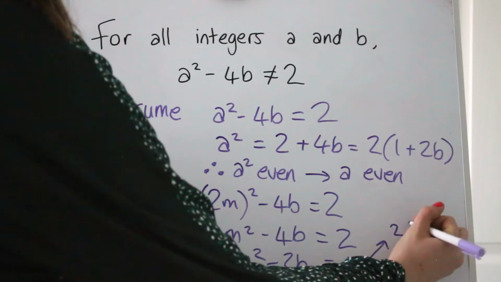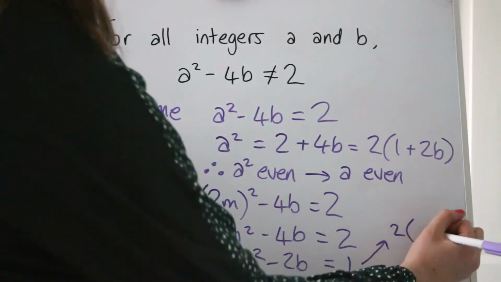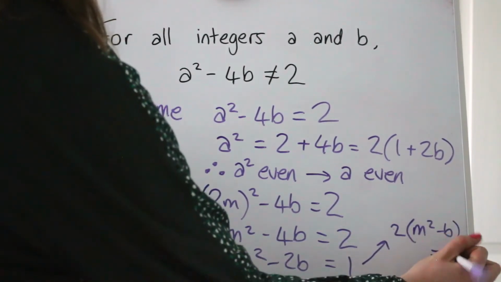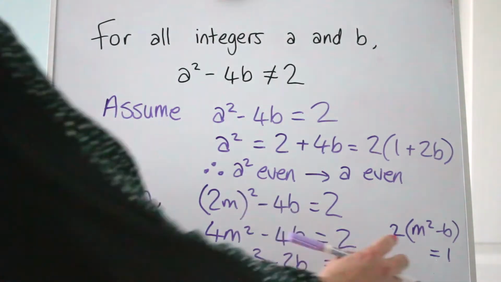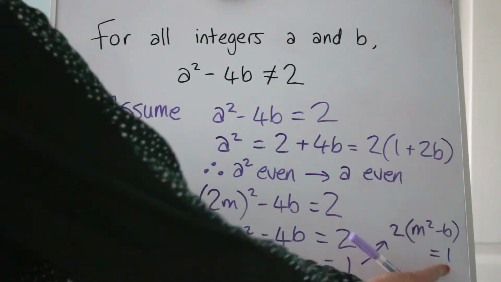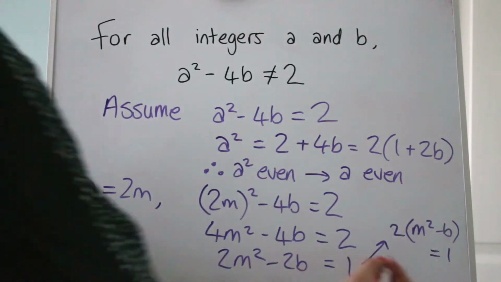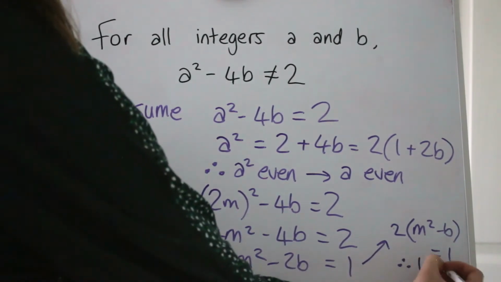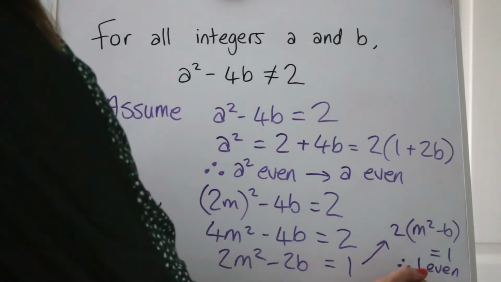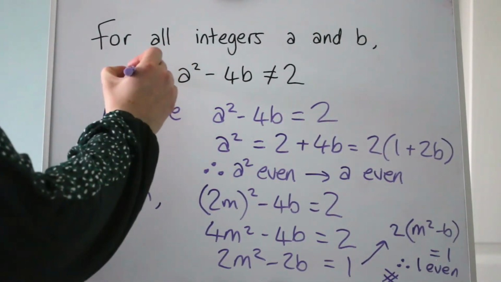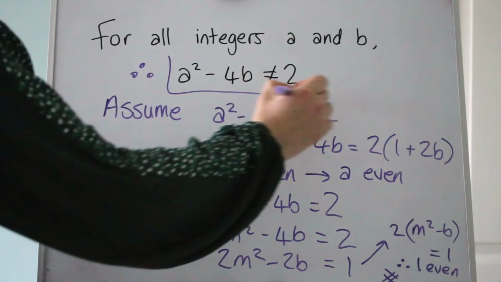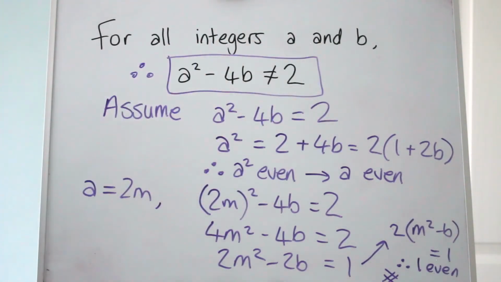But I could pull 2 as a factor out of that again, equals 1, and that then says that if m squared and b are integers, then this is even, which means that 1 is also even. Therefore 1 is even, and that is a contradiction. So then we can prove that it never does equal 2.